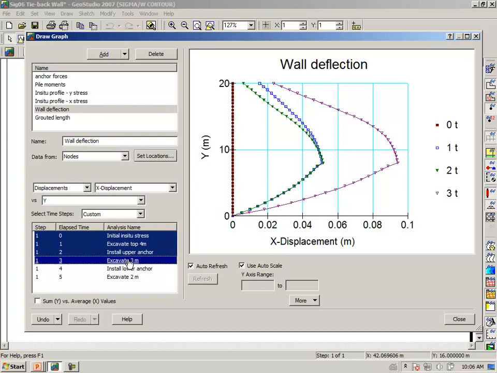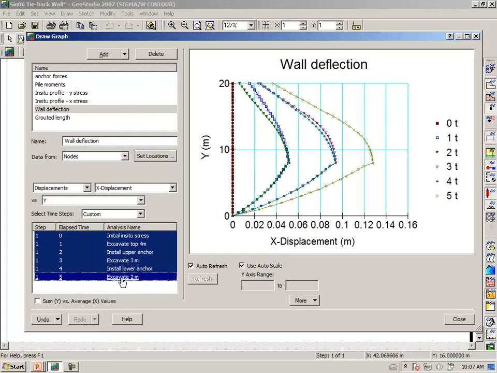And then when we pre-stress the lower anchor, the wall comes back ever so small an amount, and then finally we make the last excavation, illustrating the deflection of the wall. And the deflection of the wall, of course, laterally is the largest toward the base of the excavation.